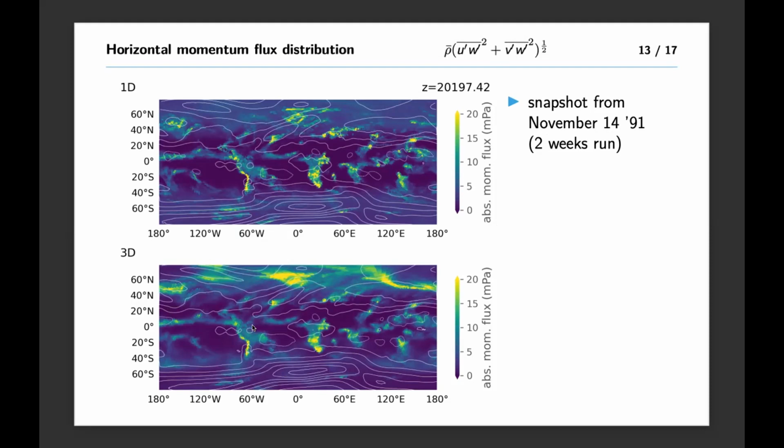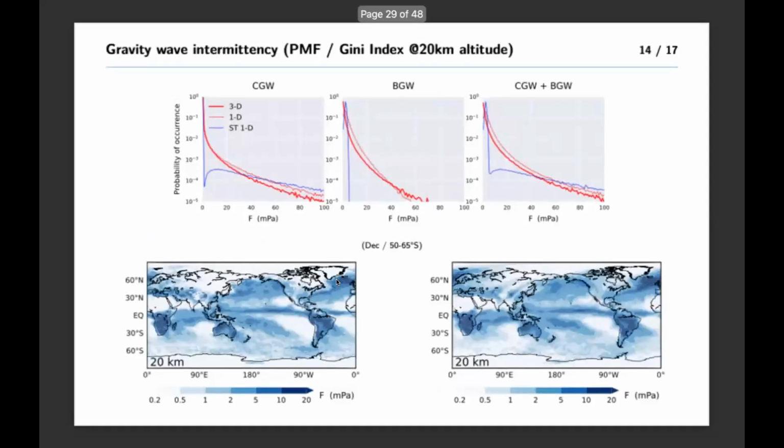So in the tropics, the gravity wave response will be somewhat smeared out, whereas if we compare the extratropics, in the 1D version, because there's a constant background source, this is a lot more uniform than in the 3D version, and that's also because of the refraction patterns. So if gravity waves can refract around the jet and into the jets, they're going to lead to very different horizontal distributions, and that's kind of the take-home message here.